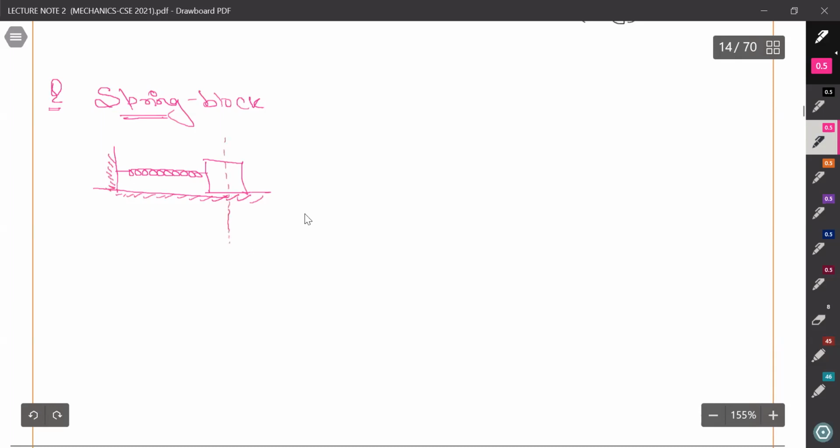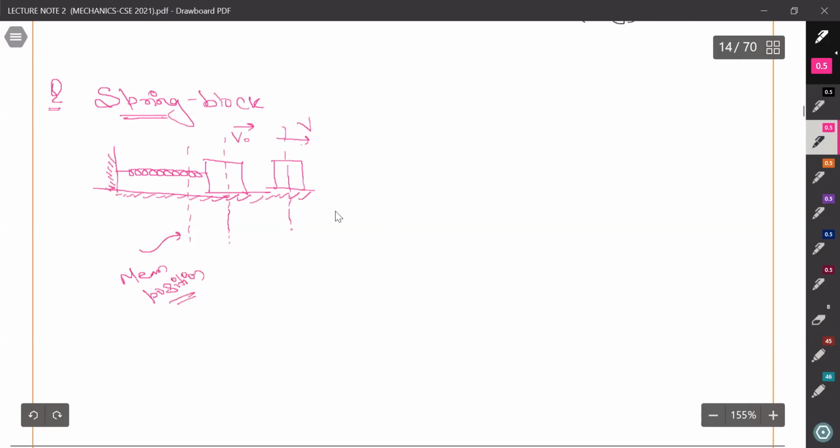And suppose it is at this position and its velocity is v naught here. And after some time, it came here and its velocity is v. Also, this was its mean position.